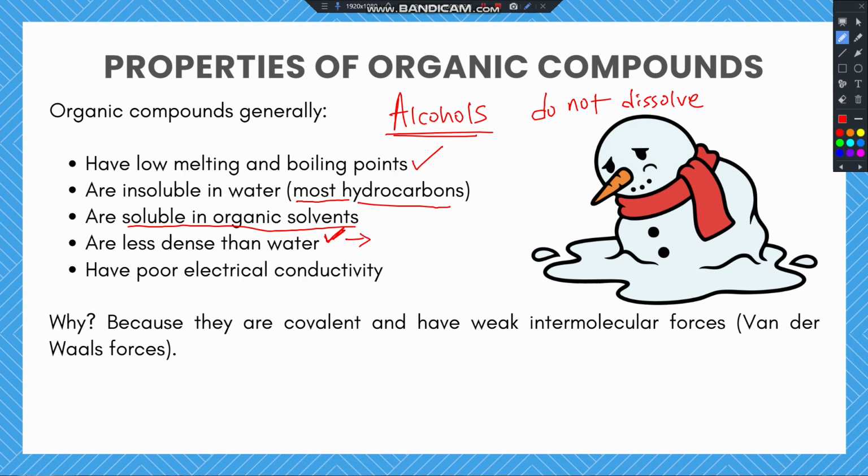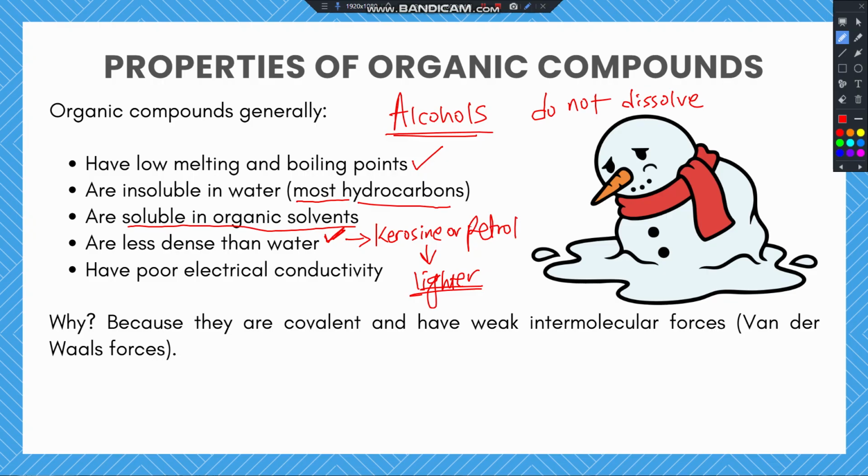For example, kerosene or petrol. You notice that when you pour some petrol or kerosene into water, the kerosene and the petrol end up floating. Why? Because it is lighter than water, and that's because it's an organic compound.